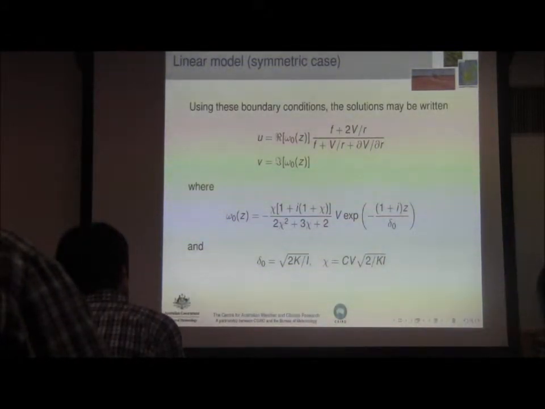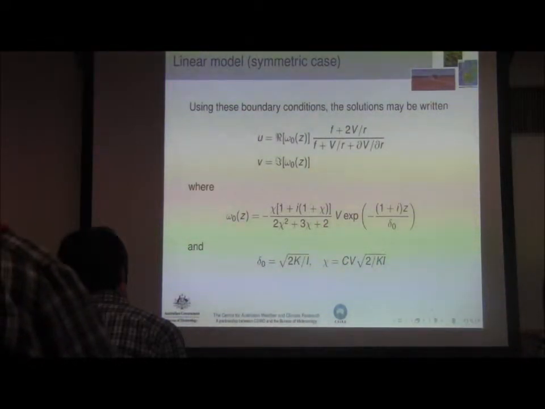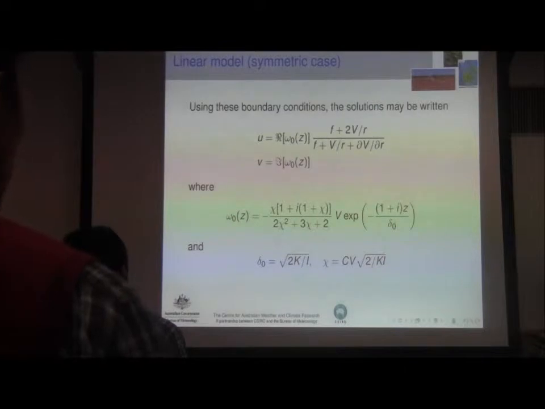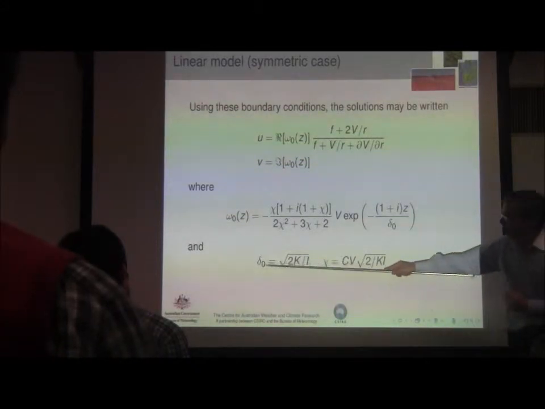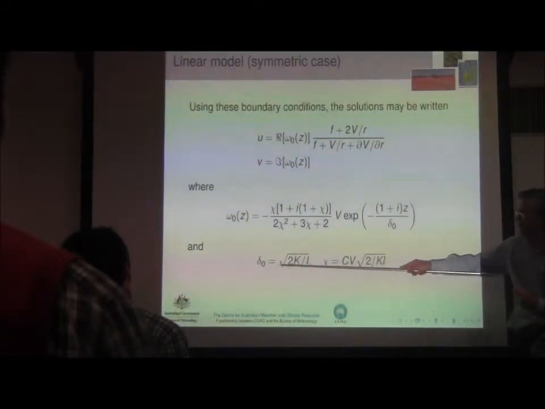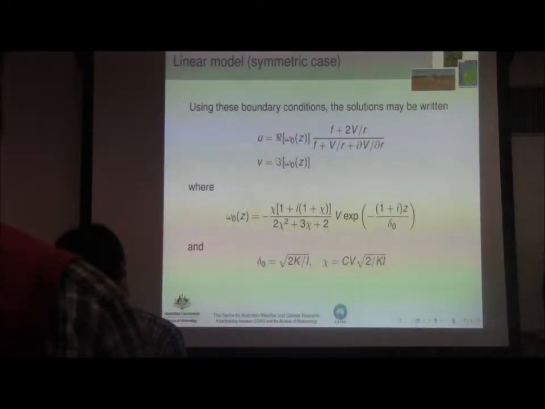Also, the inertial stability increases towards the centre of the storm. At a few hundred kilometres radius, it's fairly close to being f, so several times 10 to the minus 5. But as you get near the radius of maximum winds, it increases very rapidly, and as a result the height scale decreases very rapidly.